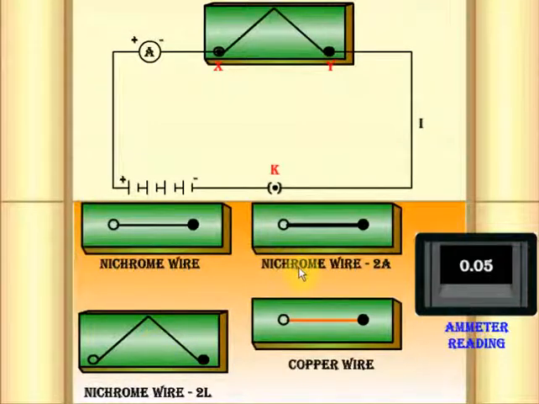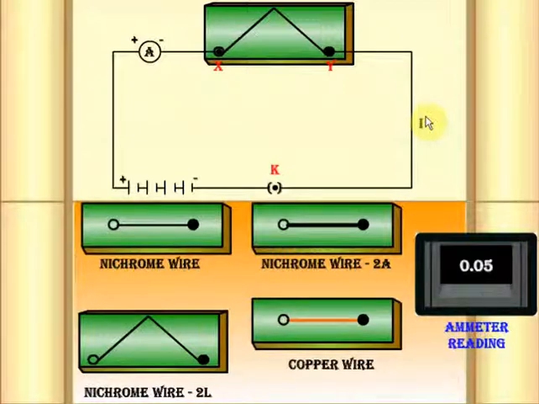When we do that, we see that the ammeter reading becomes half of the initial one. The ammeter reading becomes 0.05 amperes. That's half of 0.1 amperes. This tells us that when we double the length of the nichrome wire, the current decreases by half. Or we can say that the resistance becomes double when we double the length of the nichrome wire.